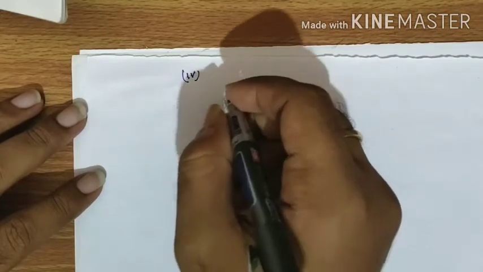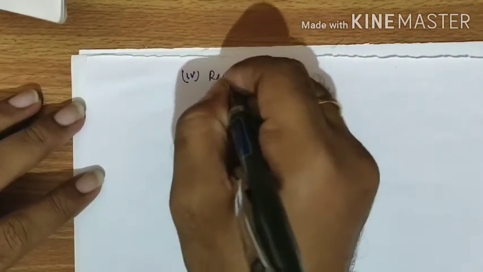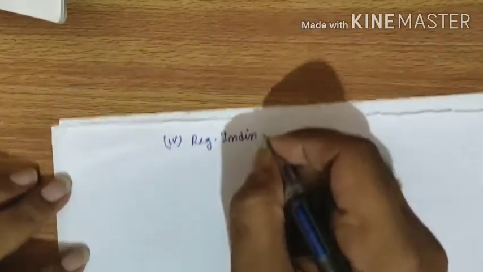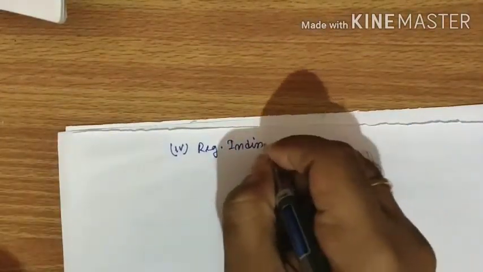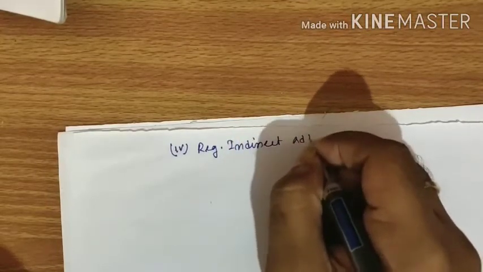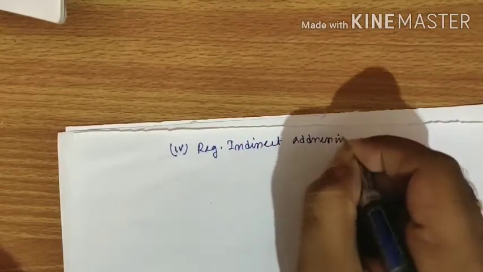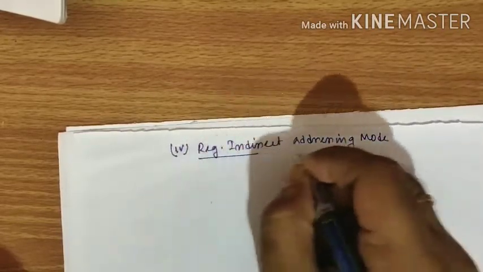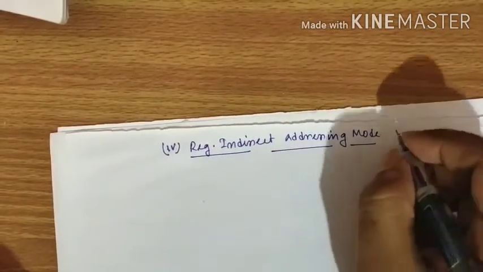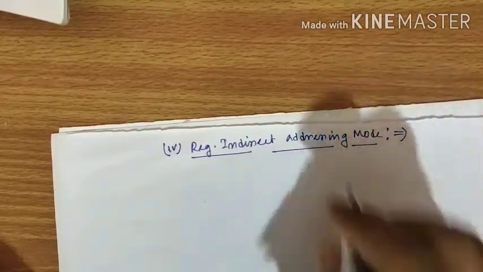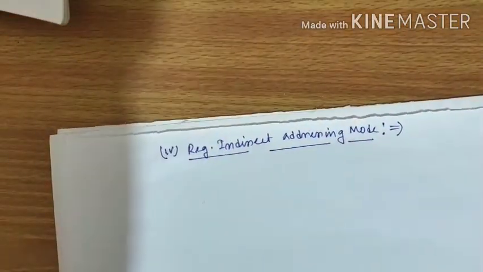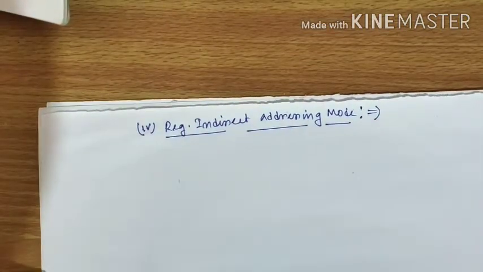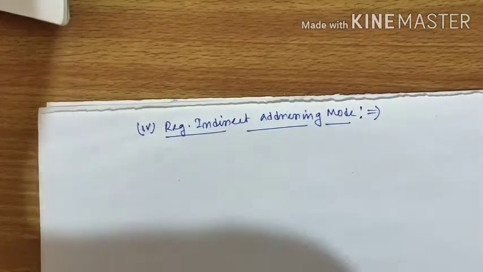Number 4. Register indirect addressing mode. Here we already know we are talking about those kinds of addressing modes which basically define offsets.